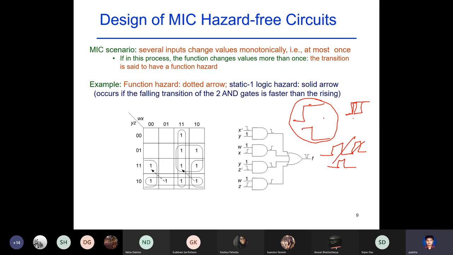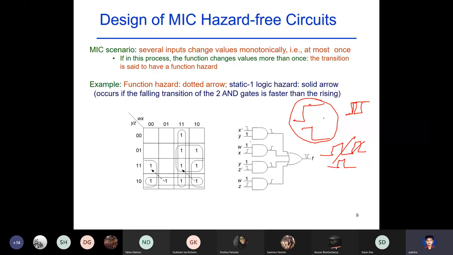The function hazard can happen because, say, look at a circuit like this. If these are the input combinations, and maybe x prime is changing, so basically x is changing and say z is changing, y is static. So accordingly x prime and z prime are also changing.